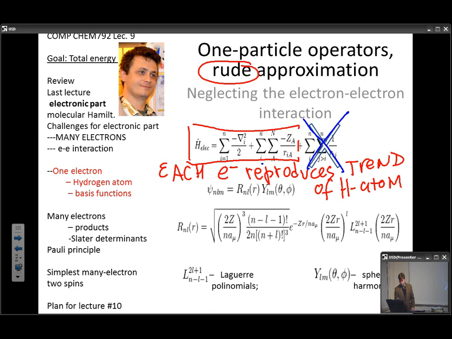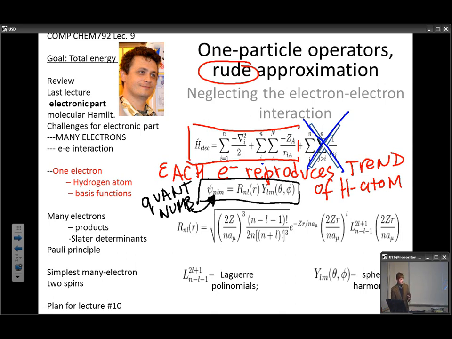And here is their form. They are specified by quantum numbers: principal, orbital, and magnetic, right? Each of you can present this part in a perfect way. And those quantum numbers determine the three-dimensional dependence of those shapes, of those one-electron wave functions.